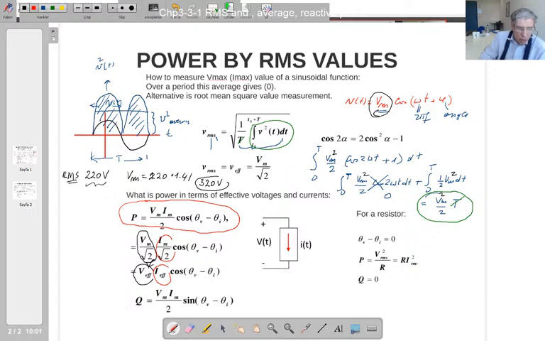So if the circuit is a resistive circuit, that's going to be 0 and that's going to be 1. So our power is going to be P average, the multiplication of voltage effective and current effective. So in practical usage, consider your TV set at home.